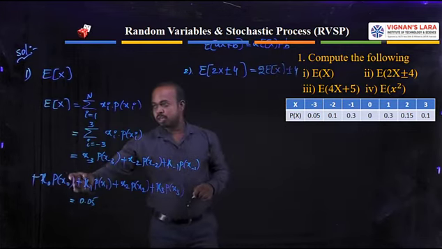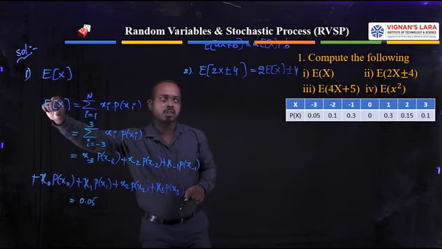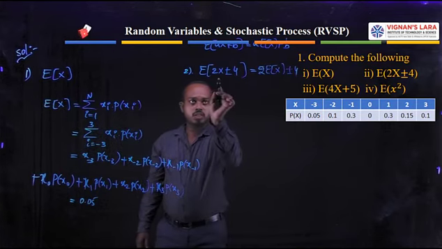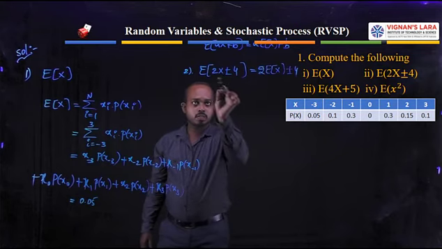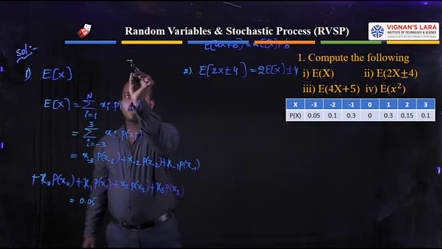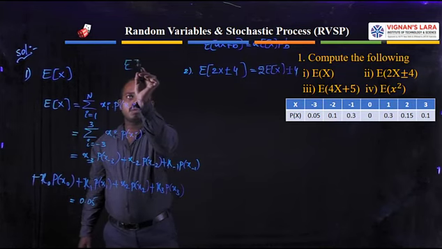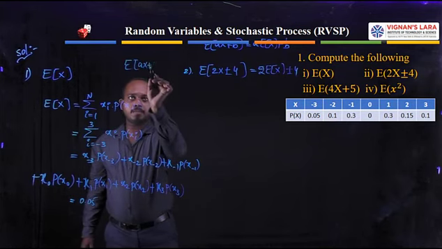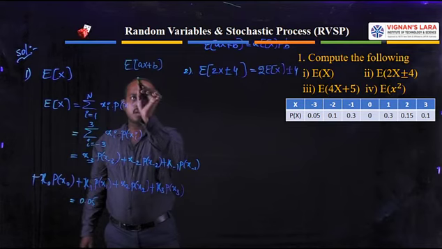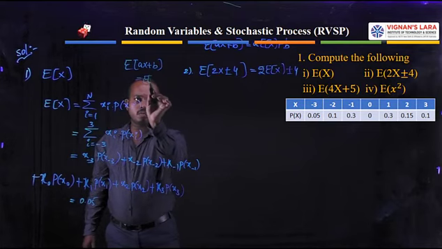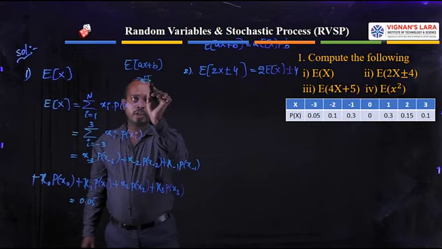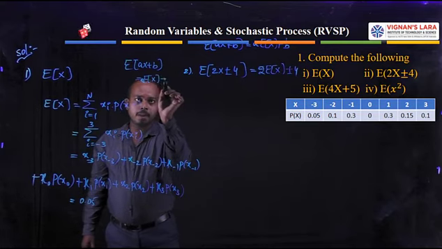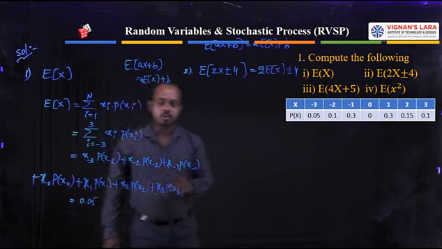Already in the first point, we were able to find the expectation of x. Here, the formula is the expectation of 2x plus or minus 4. We simplify this one by using the expectation of ax plus b, which is equal to a into expectation of x plus b, with the constant before the expectation.